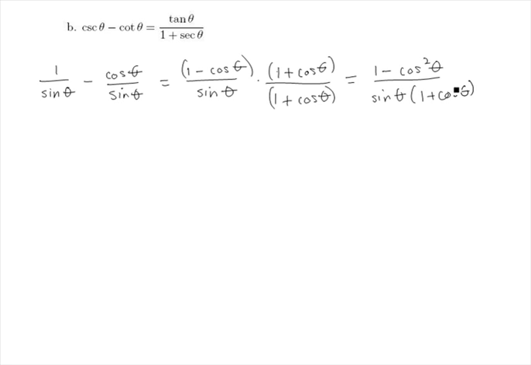But by our Pythagorean identity, 1 minus cosine squared theta is the same thing as sine squared of theta. And we have a sine theta below. And we have 1 plus cosine theta. So one of these sines will cancel, leaving us sine theta over 1 plus cosine theta.